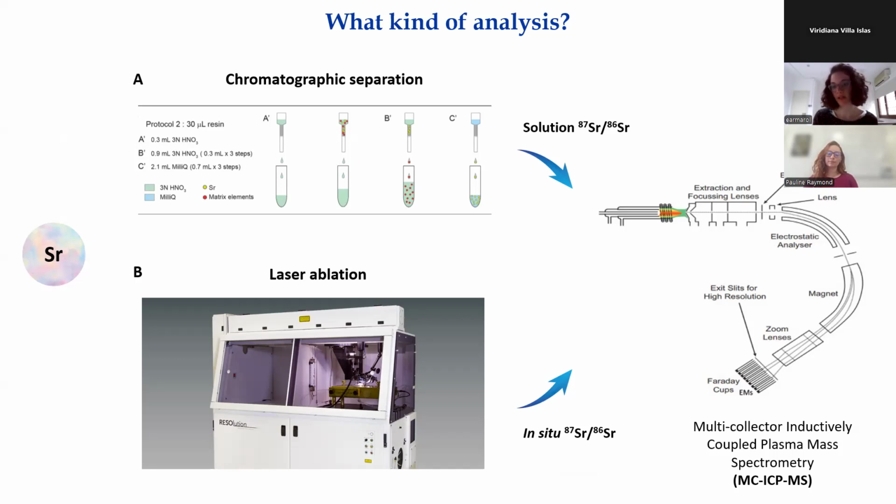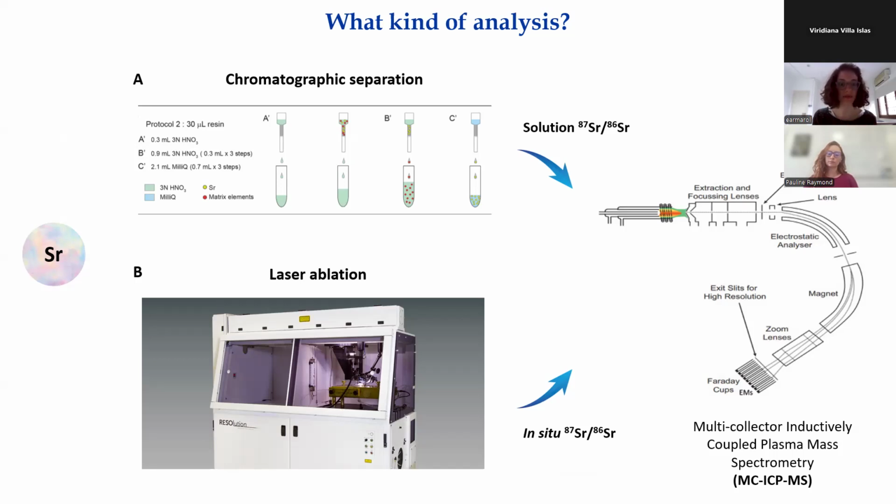Strontium is separated, and then it is measured by mass spectrometry. Usually we use a multi-collector mass spectrometer, which allows us to measure multiple masses simultaneously. On the other hand, we can work with a laser, which means that enamel slabs, as I will show you later on, are put directly into the laser ablation system, and the enamel is sampled with a laser that takes a very small amount of sample, a sort of aerosol.